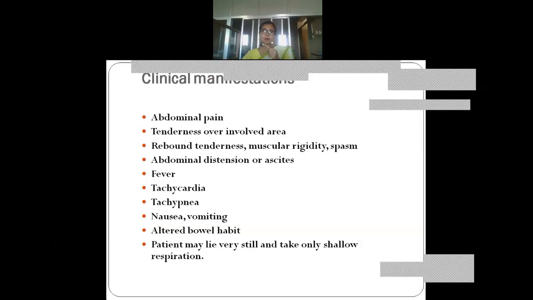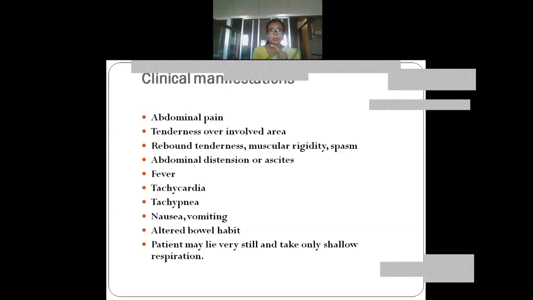And then there will be abdominal distension or ascites, accumulation of fluid in the peritoneal cavity, and fever, tachycardia, meaning high heart rate, and tachypnea, increase in respiratory rate. These are all due to the inflammatory process going on in the peritoneum.